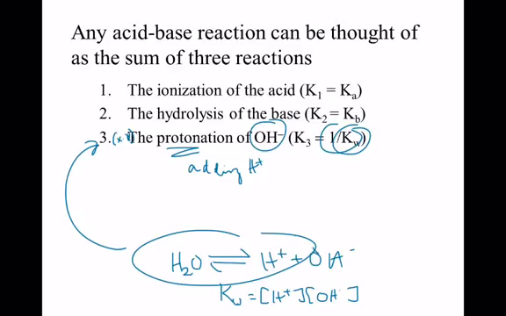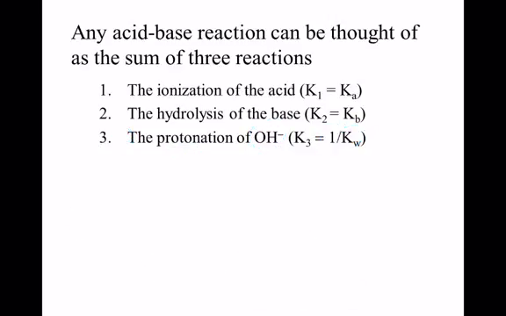All right, so then we said if you can stepwise describe an overall reaction of interest, then we can take all of those equilibria and multiply them by each other to get the overall K. So the K of this reaction is K1 times K2 times K3, the ionization, the hydrolysis, and the protonation, which is Ka Kb over Kw.